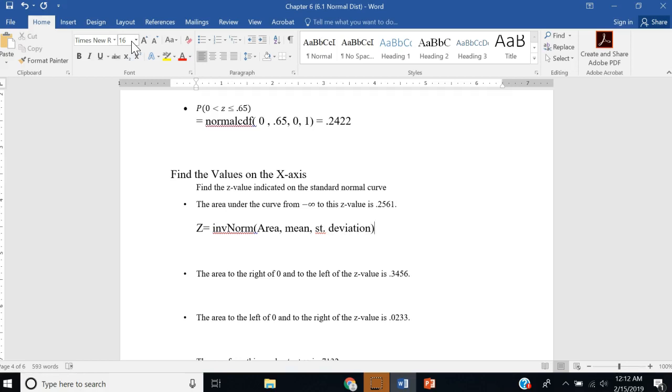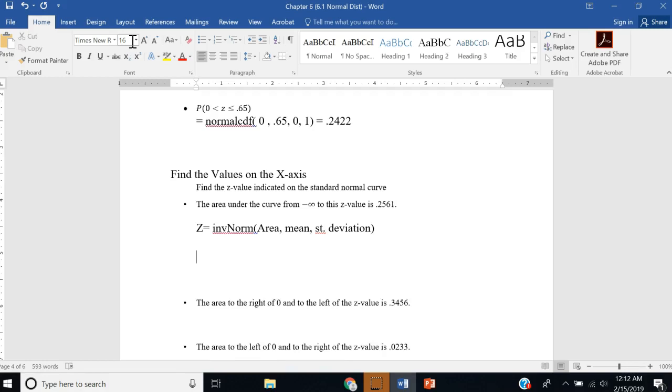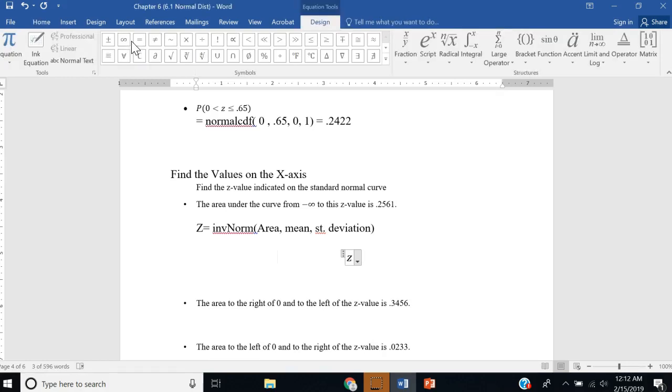Okay. Now in this case, the area that I want to use is actually the area that was given in this problem, 0.2561.